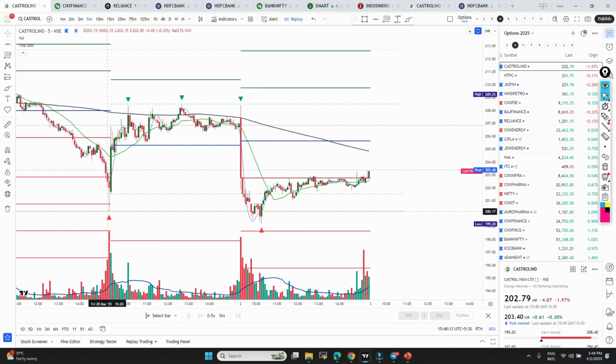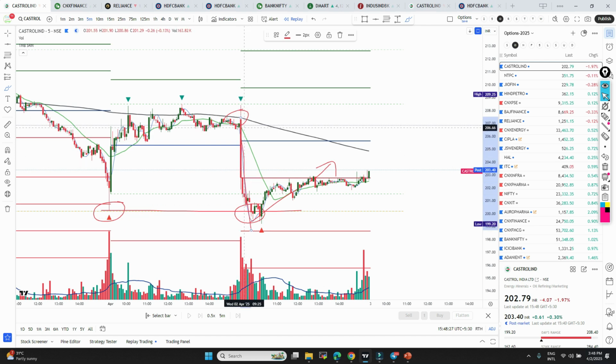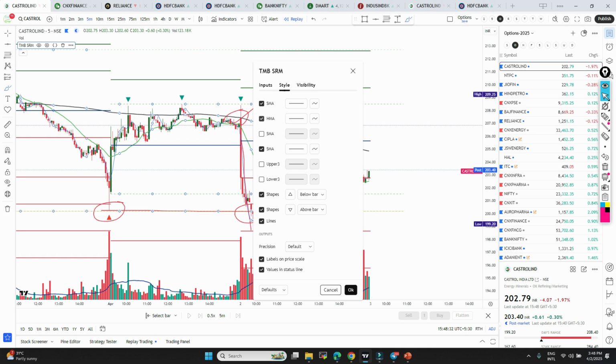Here the fractal was there, right? This is the fractal it had. So next time when it comes, this is the point where it is supposed to reverse. The origination of the 200 moving average always has a good impact.